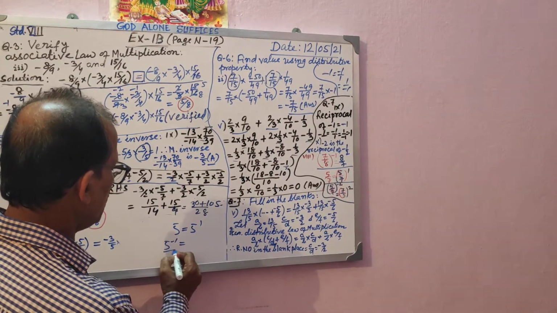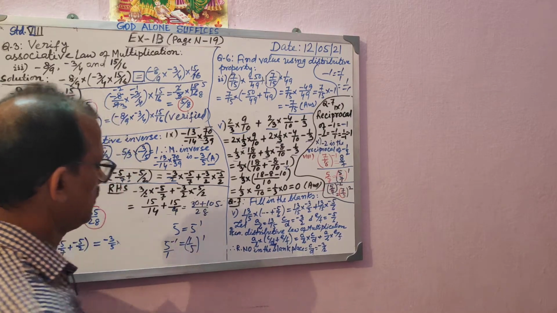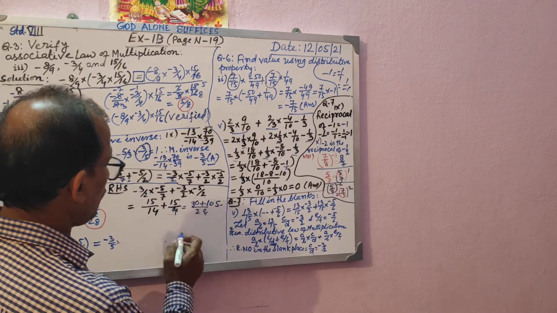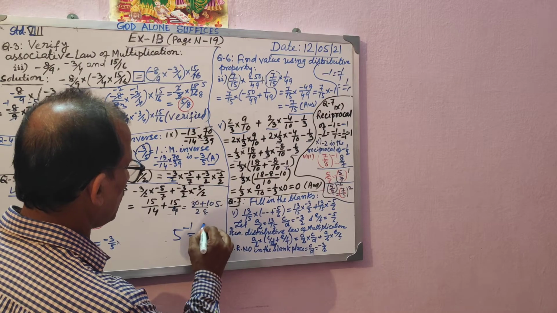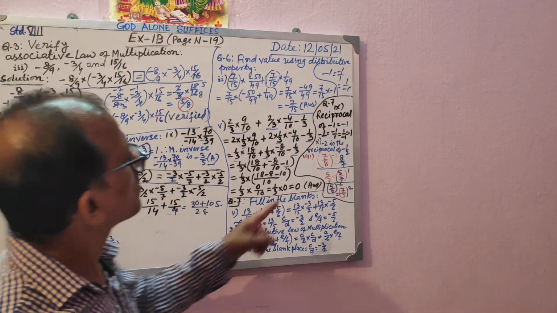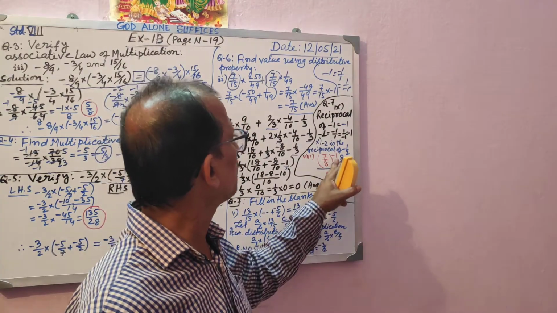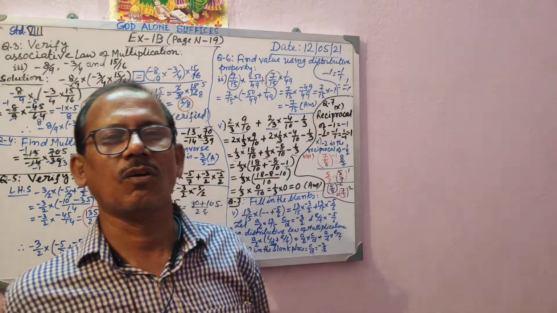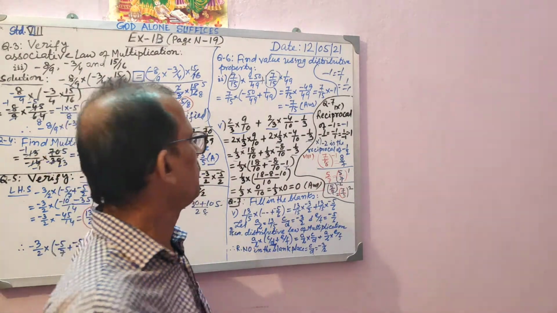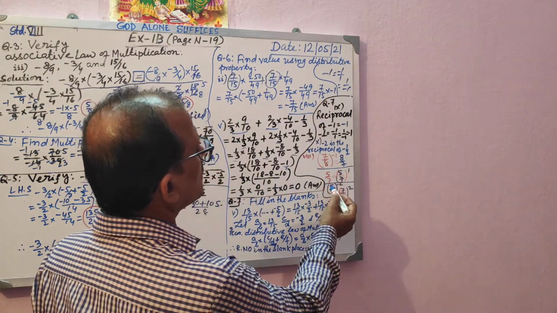So 5 to the power minus 1 is equal to 1 by 5. Do you understand me? Similarly here, 7 by 8 to the power minus 1 means the base will be the reciprocal and the power will remain 1. So 8 by 7.